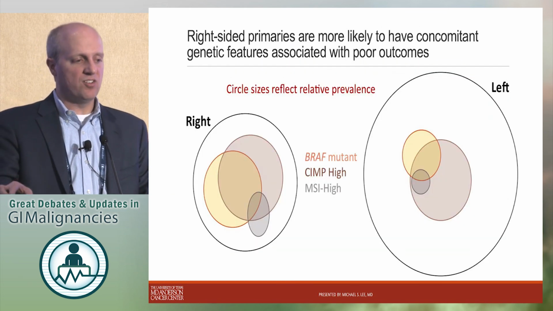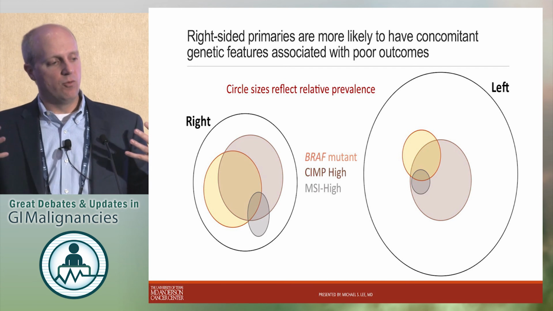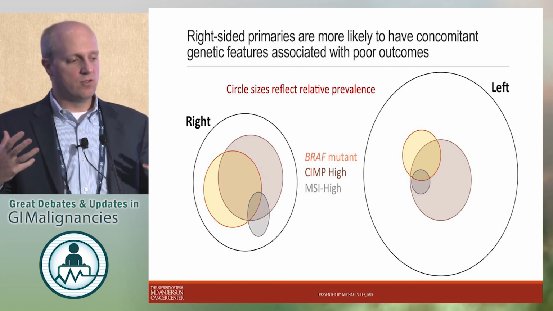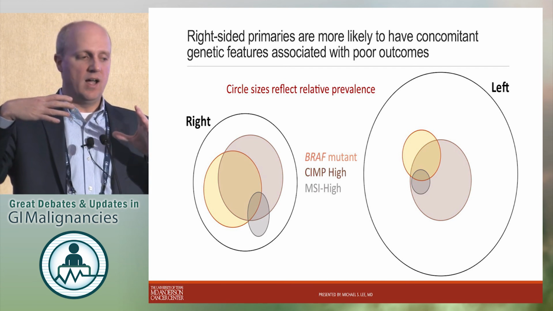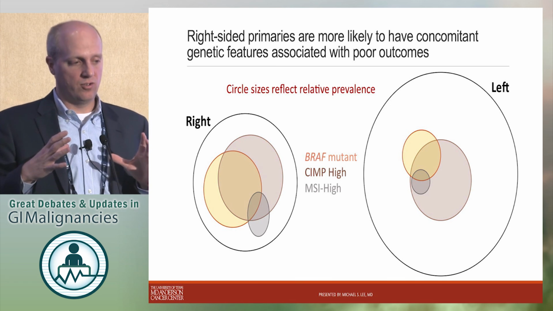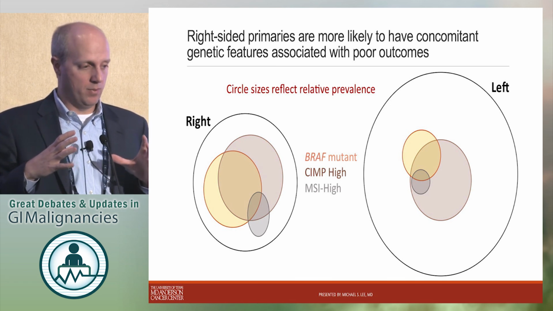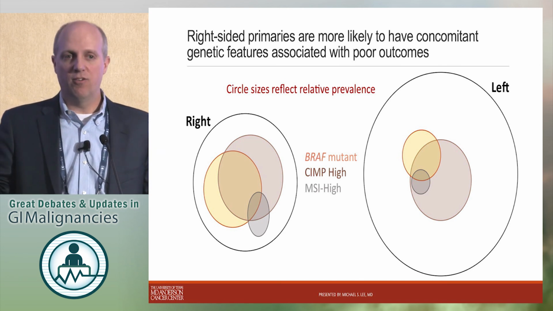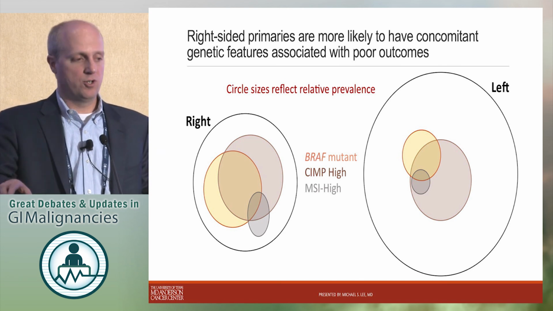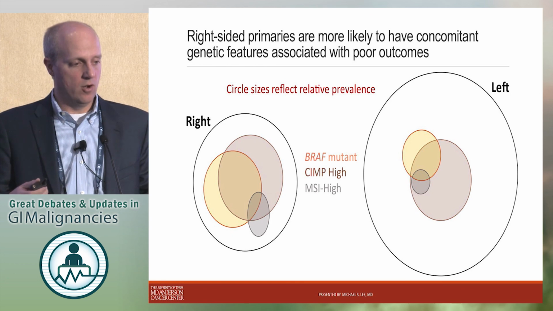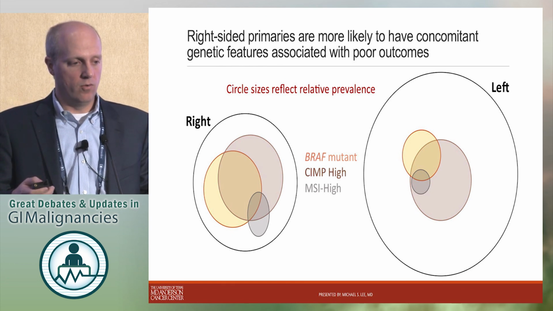And when we put all this together in these diagrams, we can see that the right-sided tumors are really defined by this cluster. This is a metastatic population we're looking at here, where yes, that biology is seen on the left, but it's a much smaller proportion of the overall phenotype.